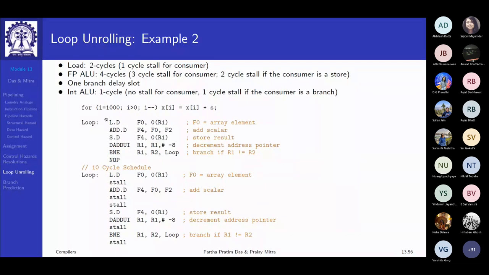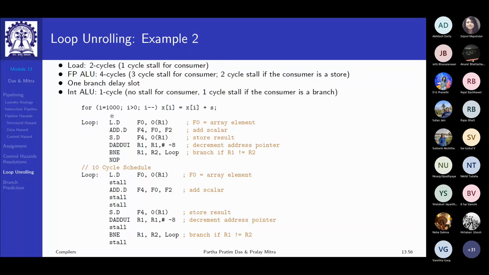So let's see what code will normally be generated for this loop. L.D is load. You'll have to load the value of xi, with reference to R1.